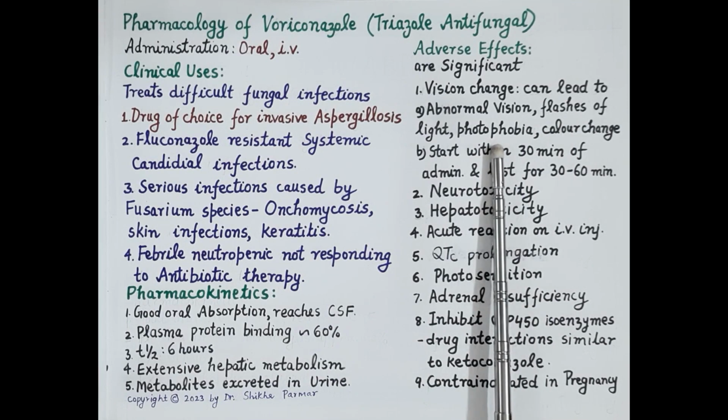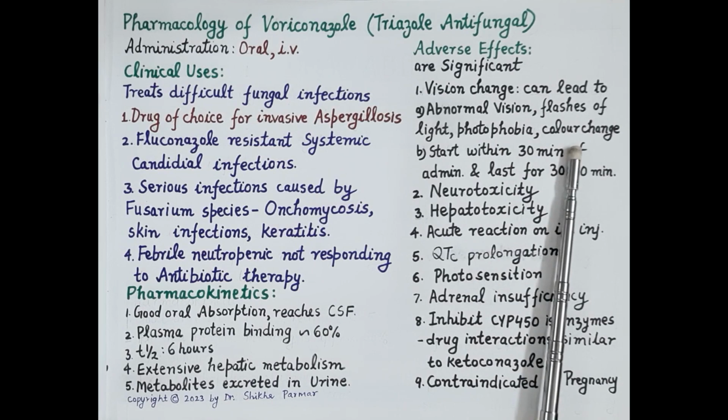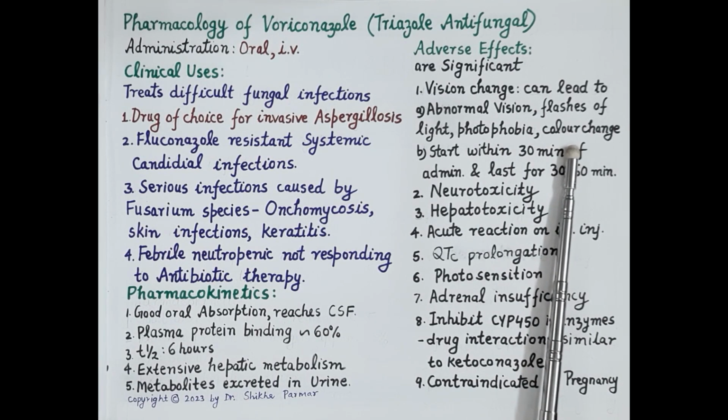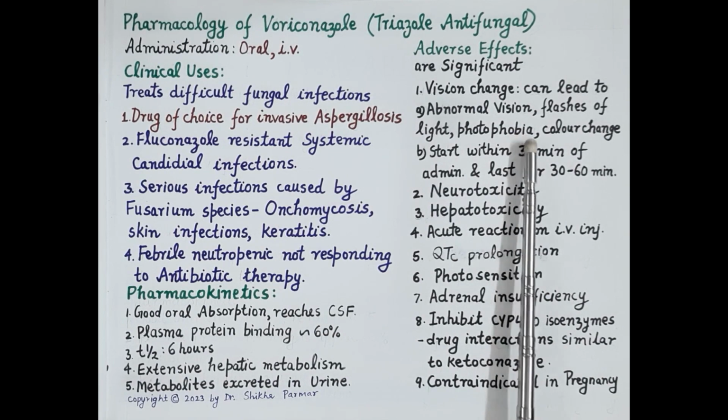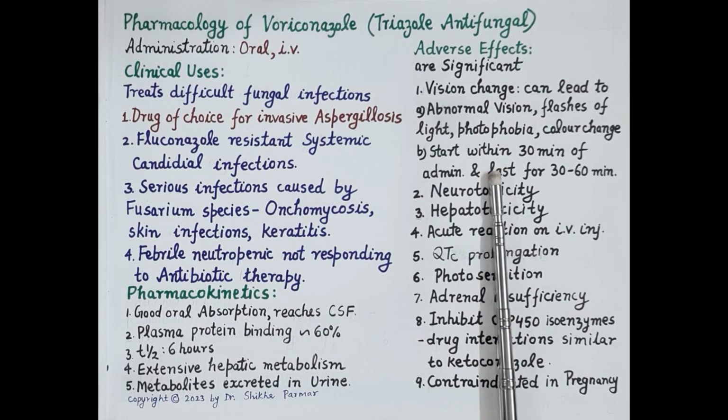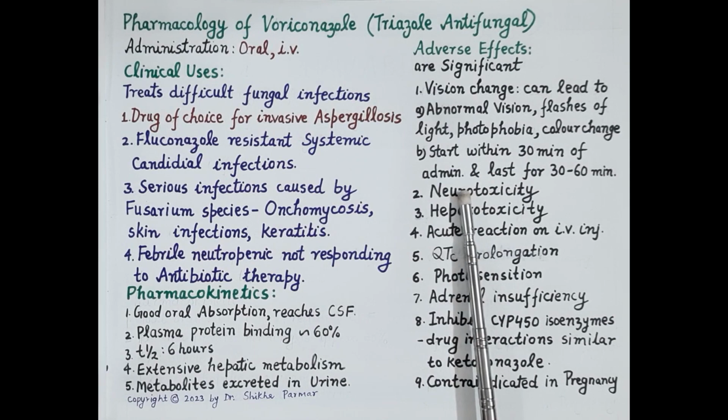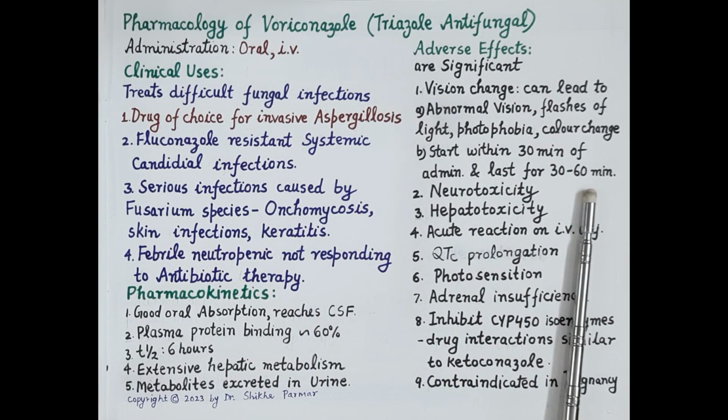Then it can cause photophobia, that is abnormal sensitivity to light, and it can also cause color change. These abnormal changes start within 30 minutes of administration of voriconazole, and these symptoms last for around 30 to 60 minutes.